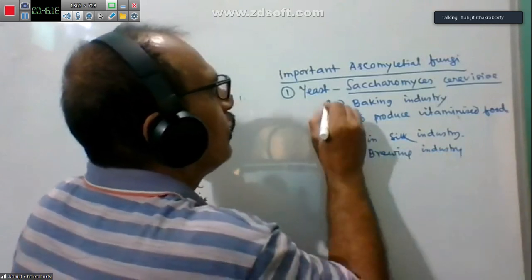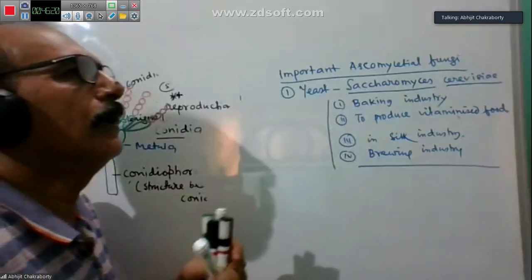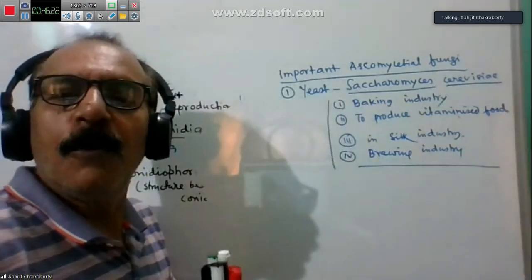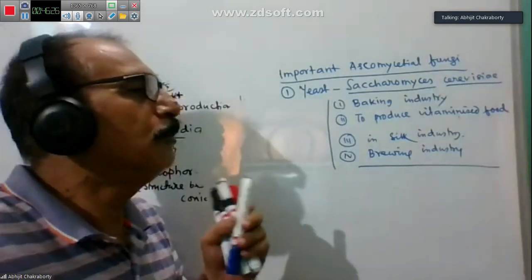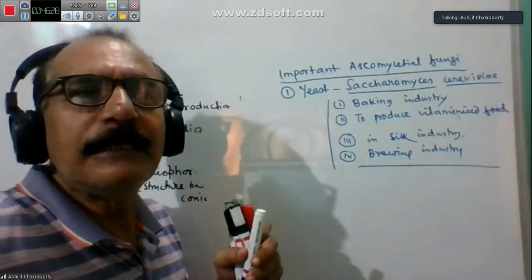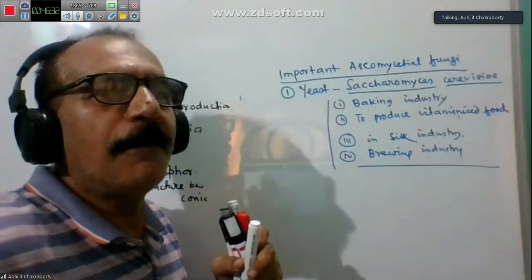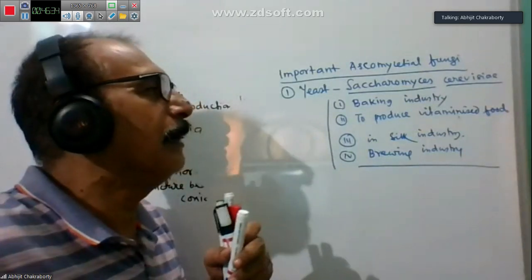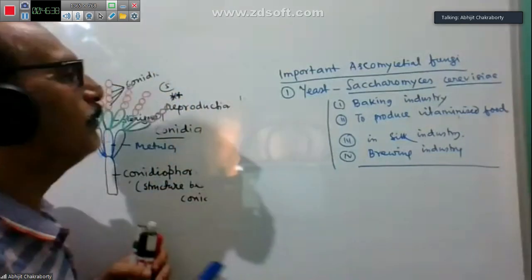Actually, which quality of yeast is utilized here? Why is yeast used in different industries? This is the fermentation quality. It gets fermented easily, and which is used in different types of industries. Next comes the next one.